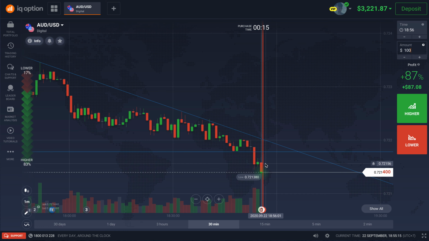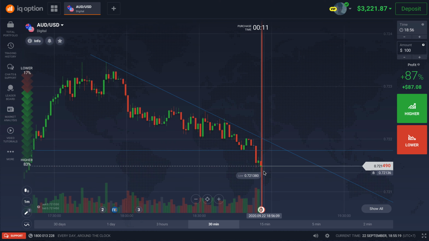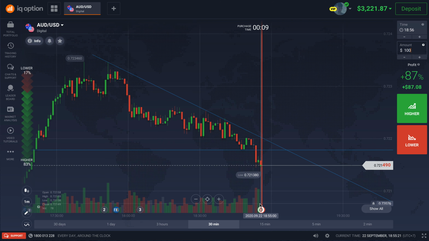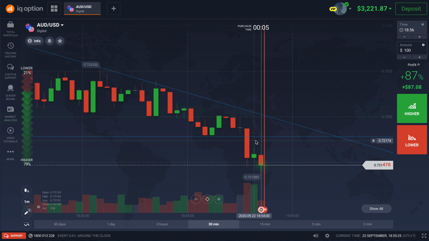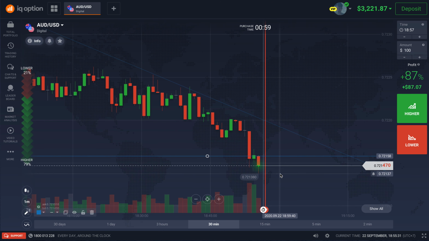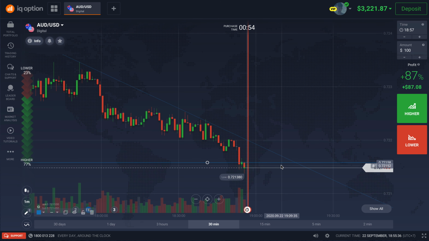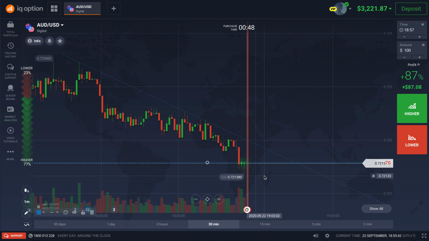So I am a little late on this entry, so I will not get my trade on this point because it's too low already. We will wait for the next ones, because this kind of downtrend always holds the position more onto the sell.